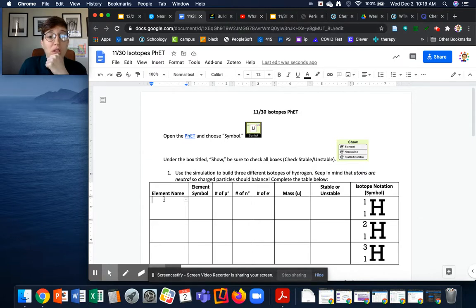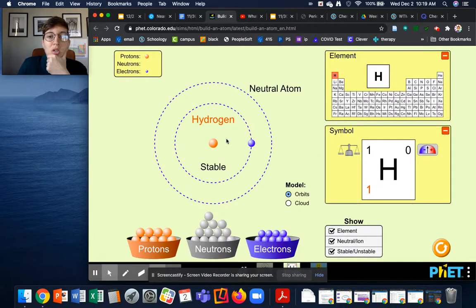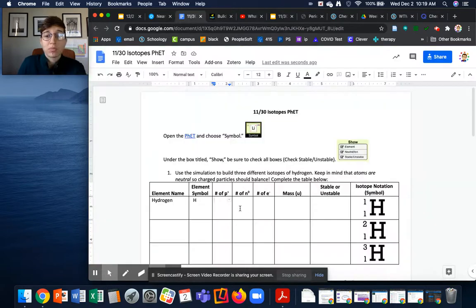So now we're going to fill in this information. Our element name is hydrogen. That's what we were making. Our symbol for hydrogen is an H. Now we need number of protons, positive, number of neutrons, neutral, and number of electrons, negative. So we have 1 proton, 0 neutrons, and 1 electron.